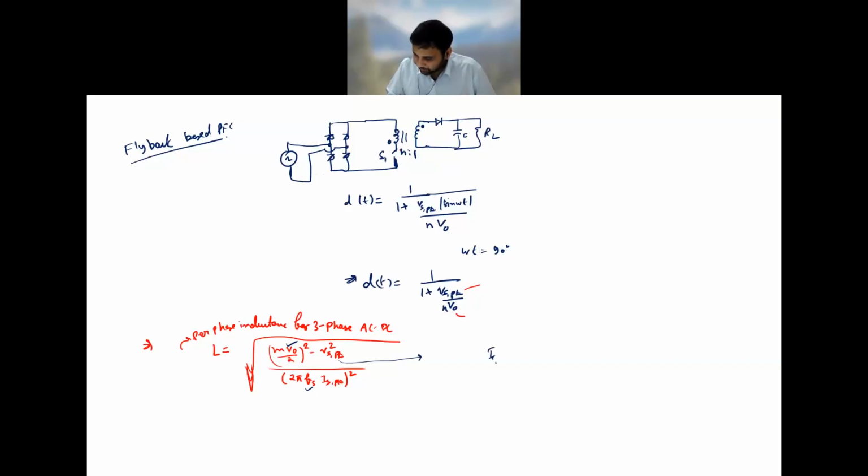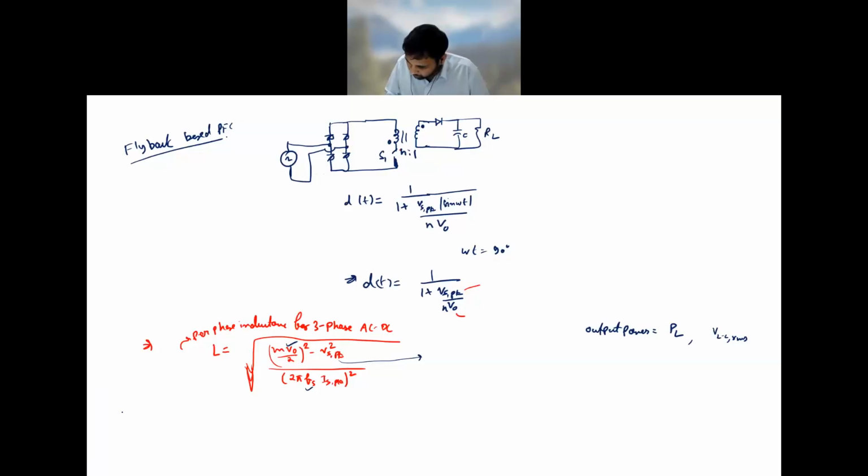Now you have to calculate Is peak. If in the question it is given that the output power, let's say PL, the load power, is given, and if they have given the three phase voltage, that will be the V line to line RMS. So what we can do is the power balance.